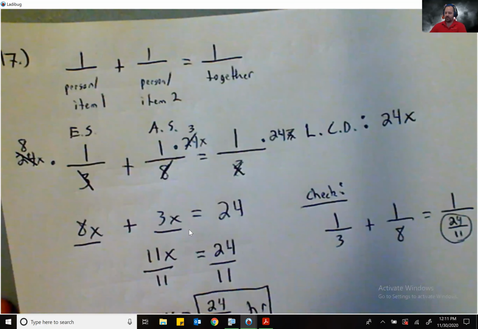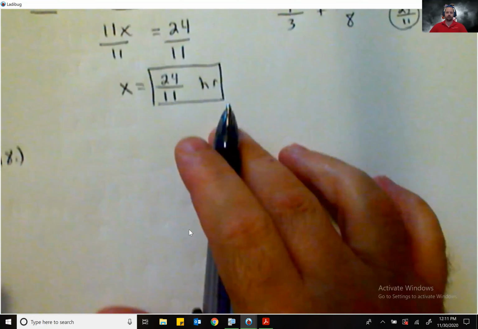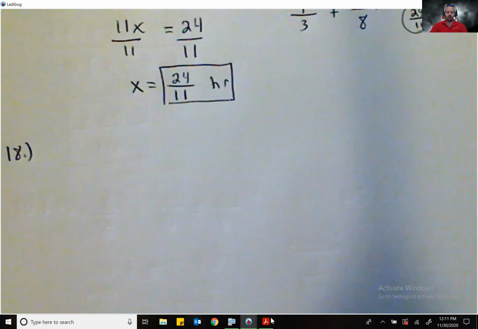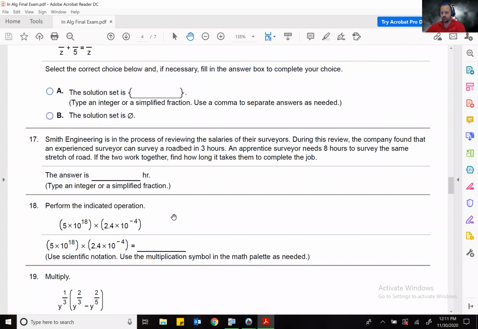All right, number 18. I believe this one's a little bit of scientific notation. So we're going to take 5 times 10 to the 18th, and we're going to multiply that by 2.4 times 10 to the negative 4.